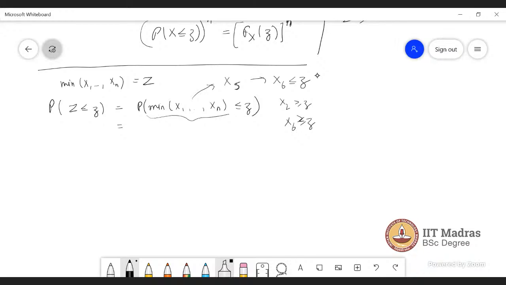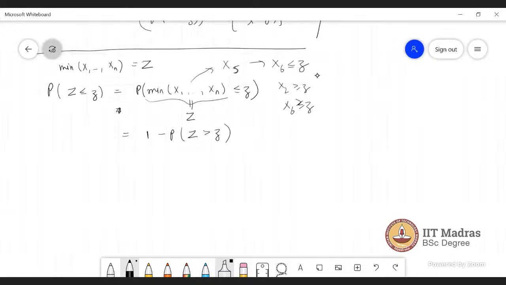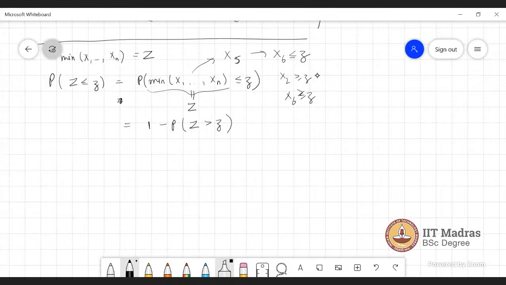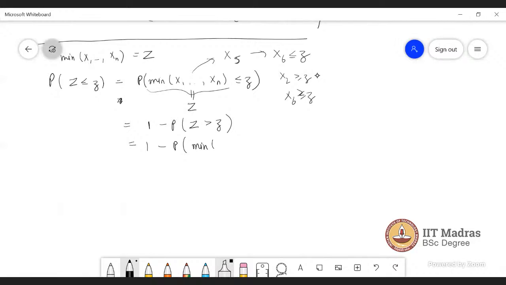So what we do in this case is use the property that the probability of Z less than or equal to z is the same as 1 minus the probability that Z is greater than z. Z is the minimum of x1 to xn, so if the minimum is greater than z, it means all of the xi's are greater than z.